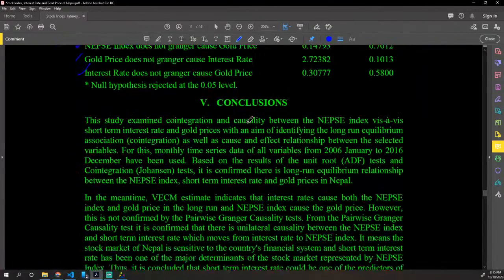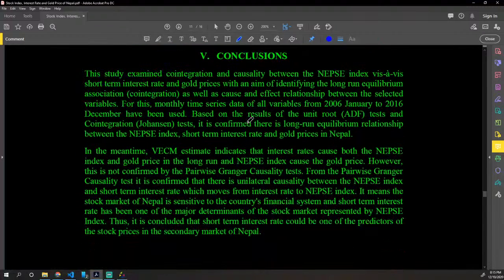Conclusion. So what's the conclusion? The study examined co-integration and causality between the NEPSE index, short-term interest rate and gold prices, with an aim to identify the long-run equilibrium association as well as the cause and effect relationship between the selected variables. For this, monthly time series data of all variables from January 2006 to December 2016 have been used.